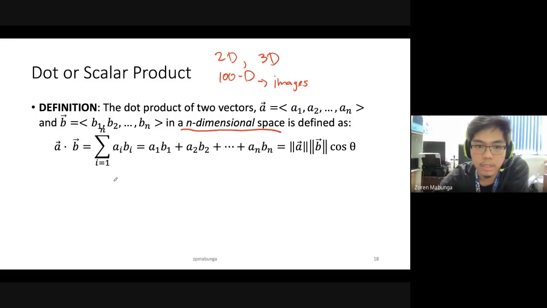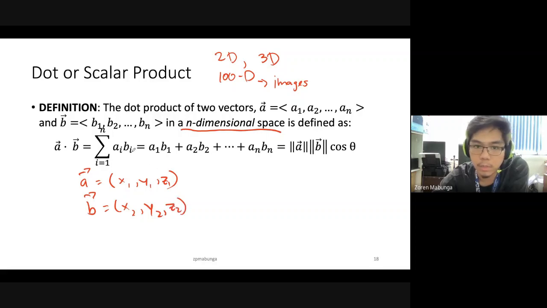Basically, ang mangyayari dyan, kung meron kang 2 vector A and B, tapos yung vector A is given by these points, x1, y1, and z1, then vector B is x2, y2, and z2.